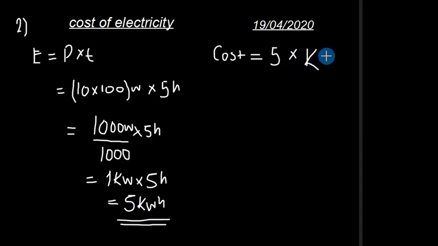So this gives us the total cost, that's money, unit in front, so K10. That will be the total cost of running 10 bulbs rated 100 watts each for a period of 5 hours when the cost of electricity is 2 kwacha per unit.